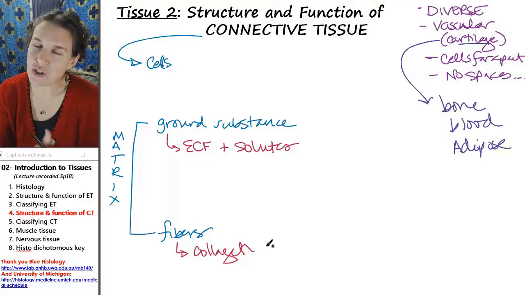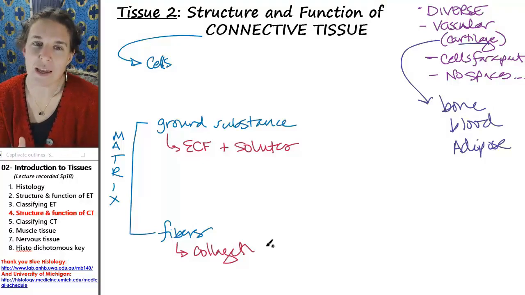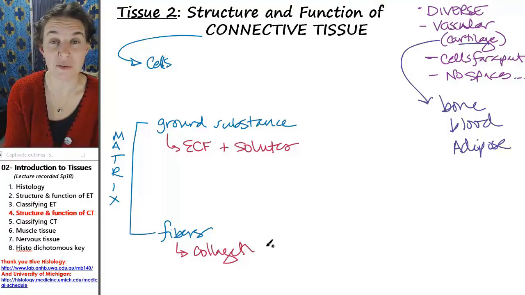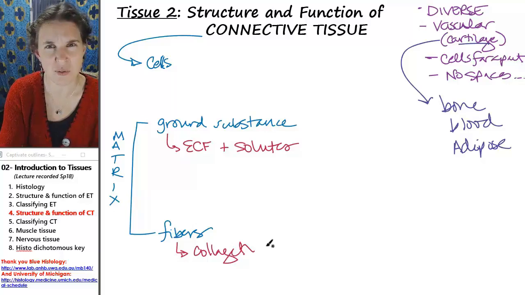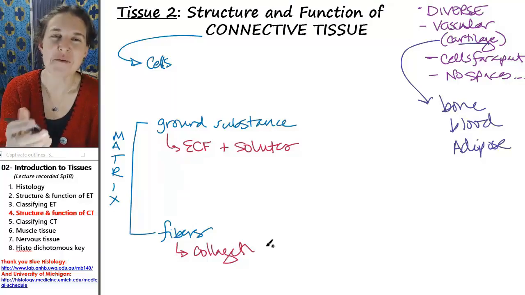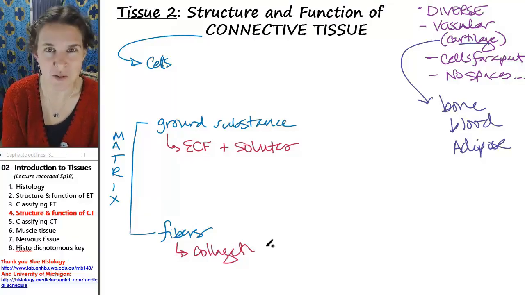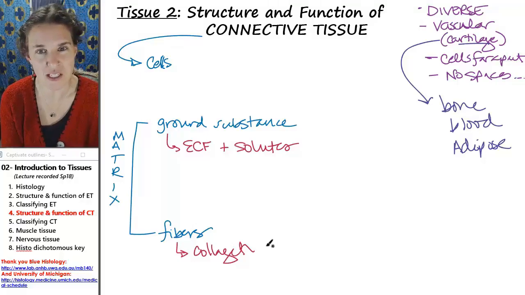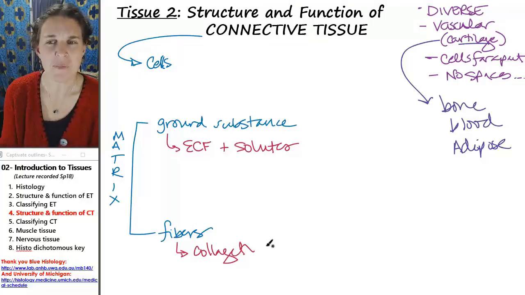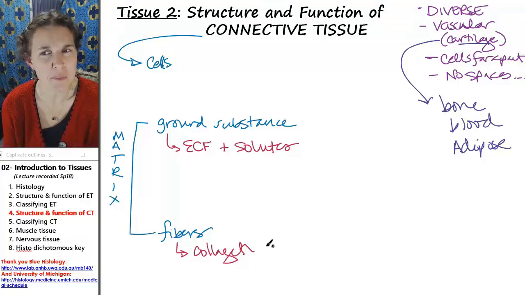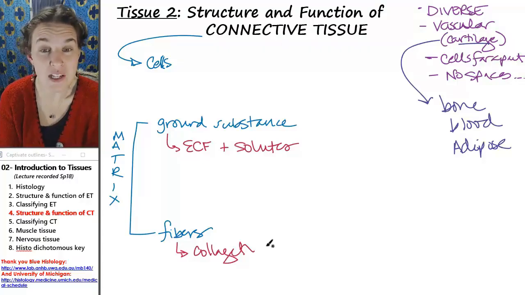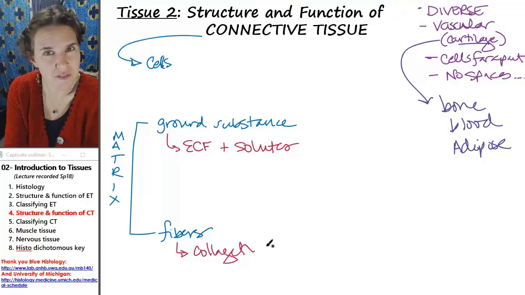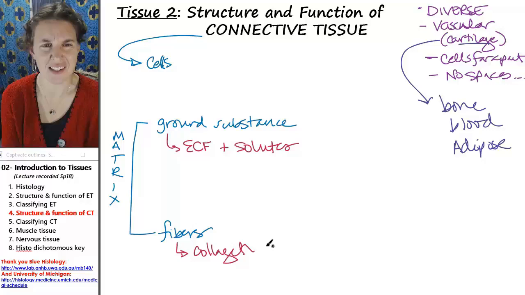The nature of the fibers is going to tell you the characteristics of the tissue. The nature of the matrix is going to tell you the characteristics of the tissue. So think about that for a second. Think about bone versus blood. Both of them are connective tissues. Both of them have a matrix of ground substance and fibers. Bone matrix is solid.